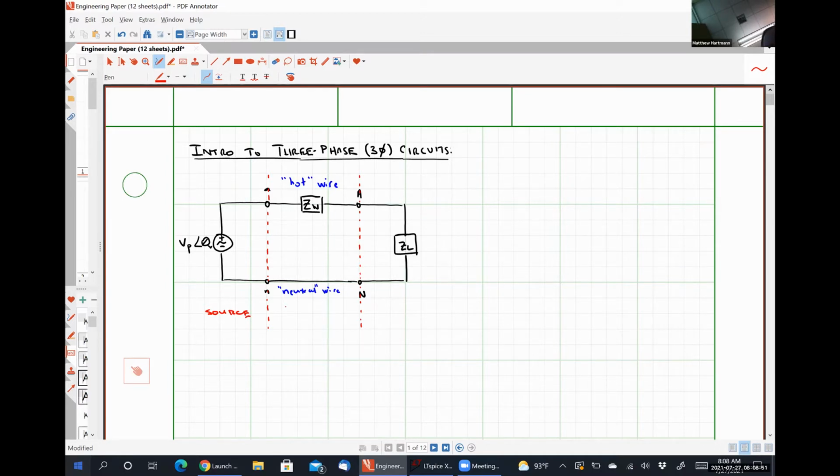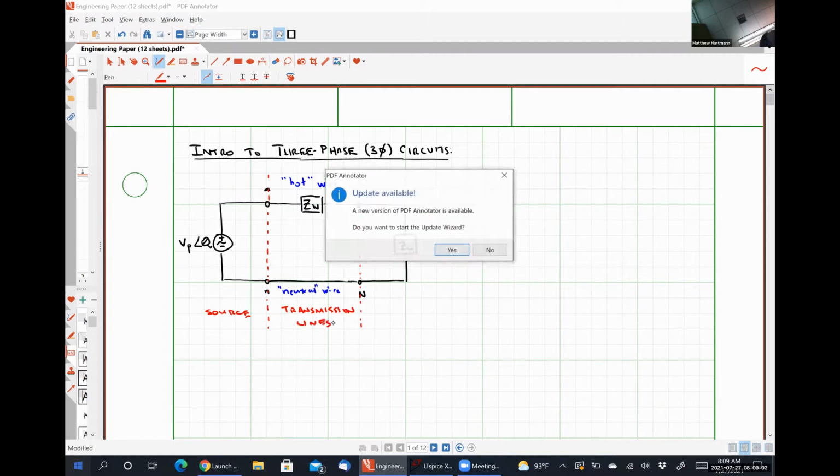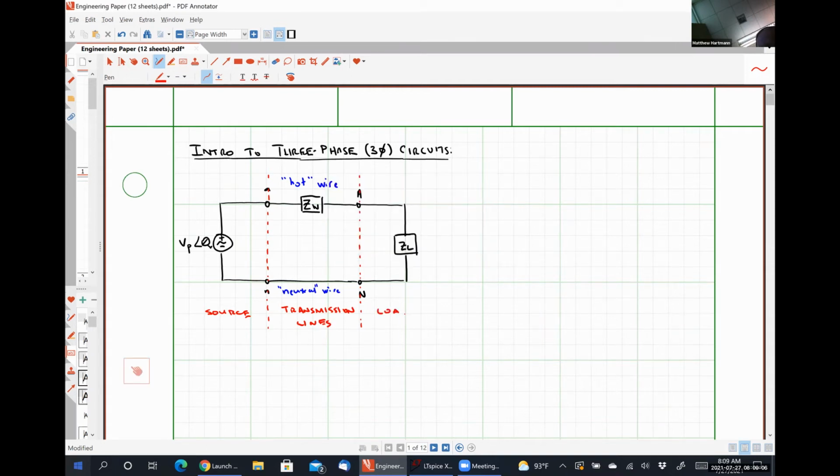In the middle, as I mentioned previously, we have our transmission lines. And then on the right-hand side, we have our load. And again, this is nothing more than effectively a Thevenin equivalent circuit for any steady-state sinusoidal system that we've looked at to this point.